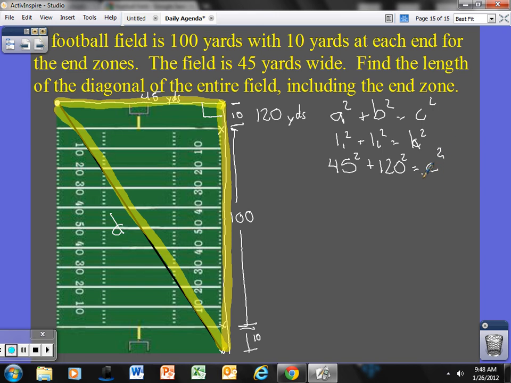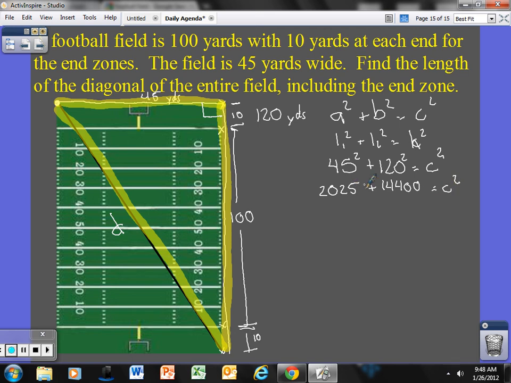Now I'm going to cheat here and use a calculator. I put in 45 squared, and that gives me 2025, plus 120 squared. 120 to the second power is 14,400, equals c squared.